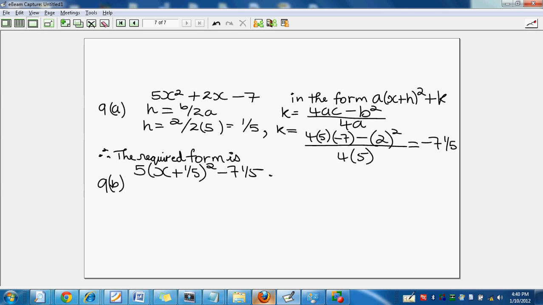Part 2 was, hence or otherwise determine, part 2, the value of x at which the minimum occurs. Part 1 was the minimum value of the function.